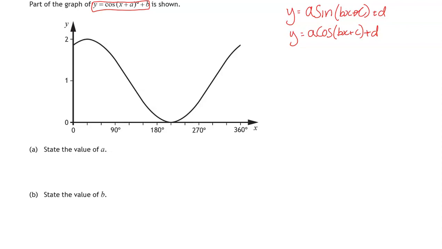Now what we need to do is realise that that plus a is moving it left or right in the x direction. Now we know the maximum for a cos curve starts at 0. We also know the minimum for a cos curve starts at 180. What you'll notice is the maximum, which occurs there, has moved from 0 to there.